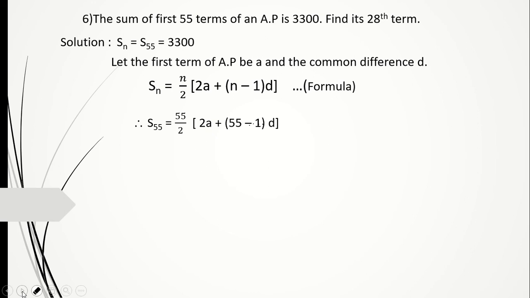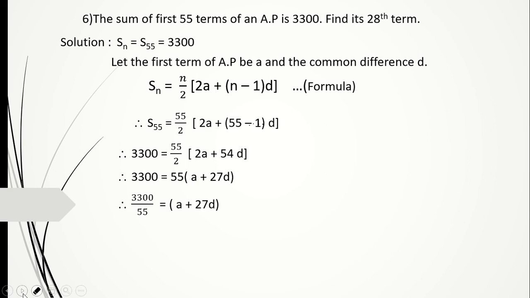So S55, the sum of 55 terms. Don't get confused with this n; this is the 28th term, so T of 28 will go there. That n and this n are different. So we get 3300 equals 55 divided by 2 times (2a plus 54d). This 2 is multiplied inside the half, so the 2 gets cut and 54 divided by 2 is 27. Now this 55 will come here and become division, so 3300 divided by 55, I get the answer 60.